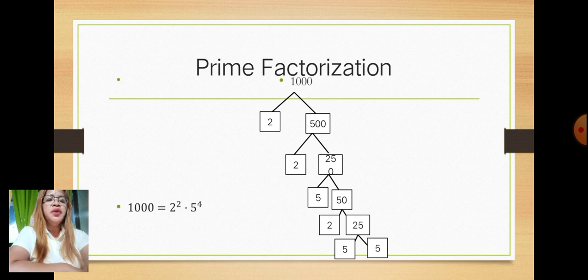And the factors of 25 are 5 and 5. So the factorization of 1000 is equal to 2 cubed times 5 cubed.